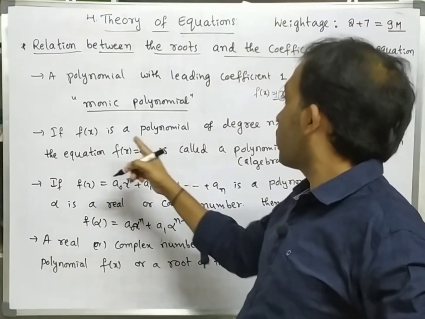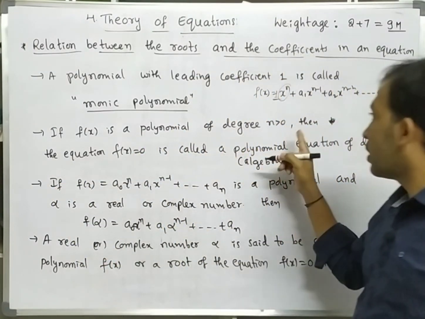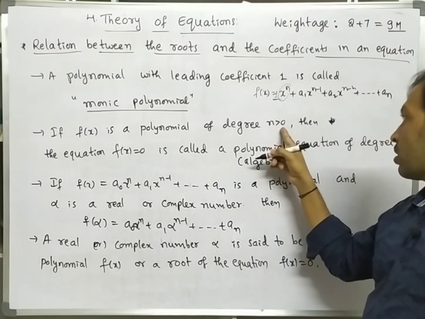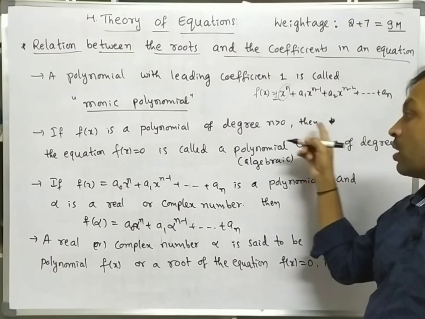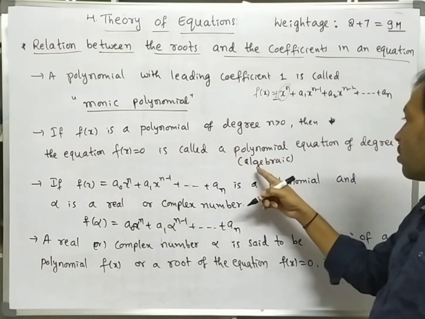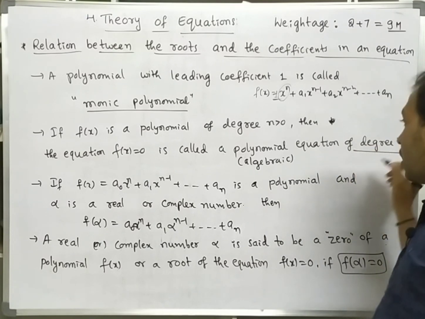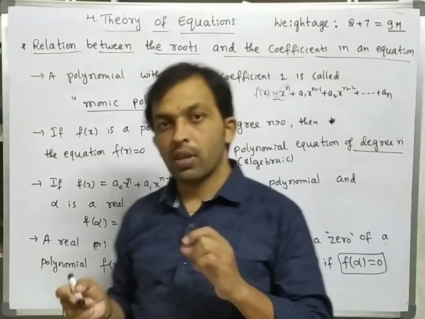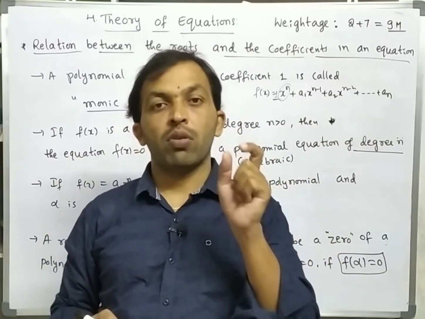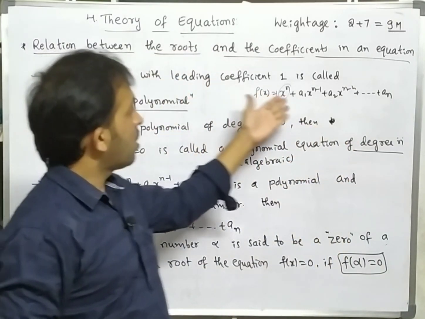Next, second point: if f(x) is a polynomial of degree n greater than 0, where n belongs to the natural numbers, then the equation f(x) = 0 is called a polynomial equation or algebraic equation of degree n. Till now we have seen a general polynomial f(x).